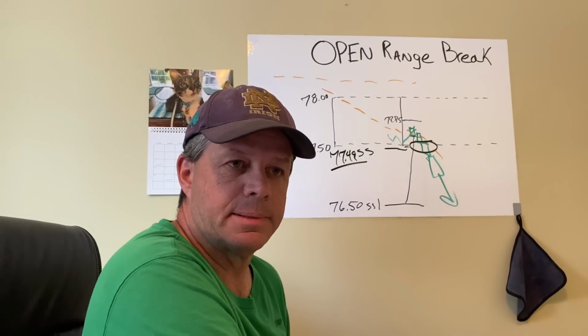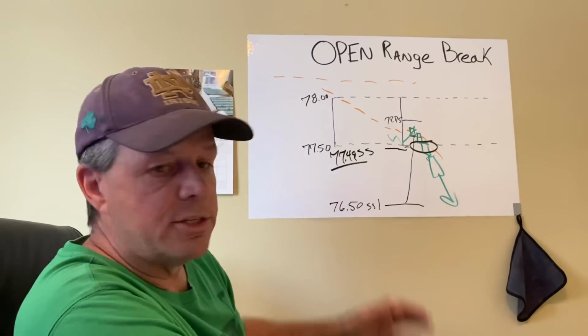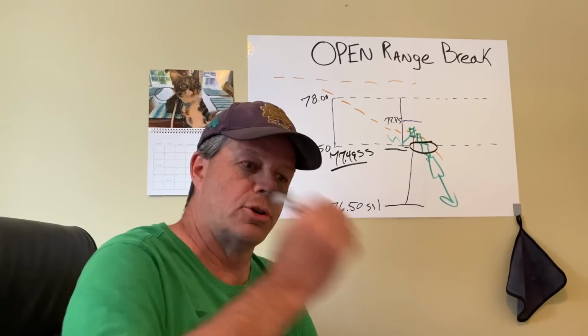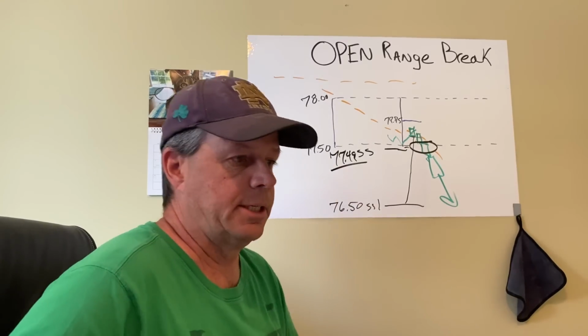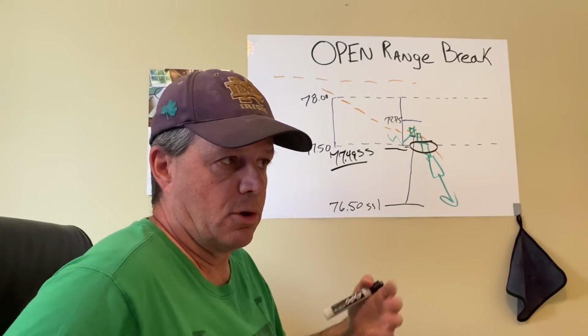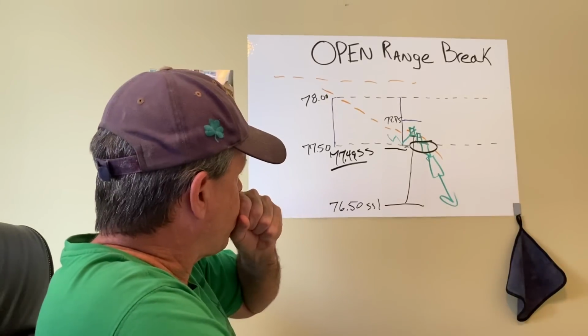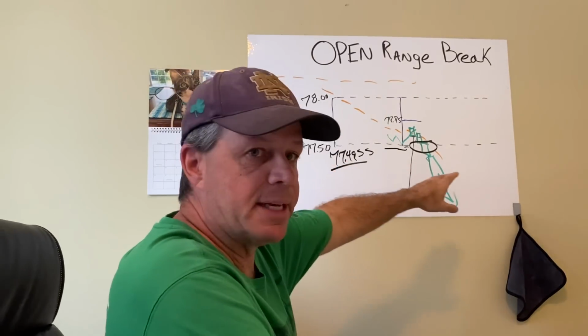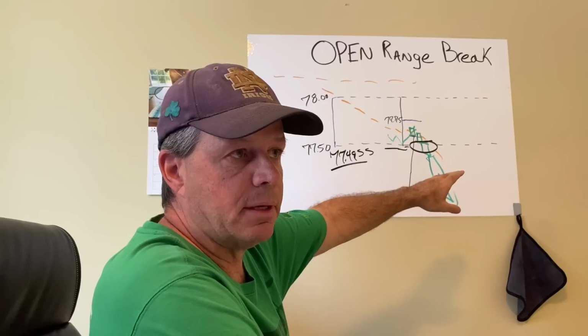Does that make sense? So it's a scale in trade, and I'm going to show you examples of that today. I'm going to show you scaled in trades that I took, and then we'll go from there. Does this make sense?